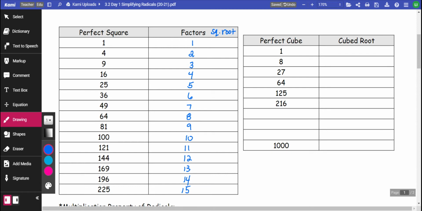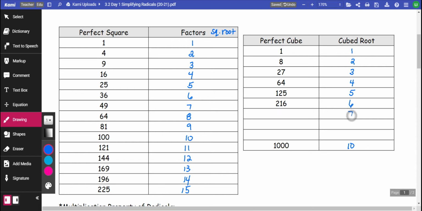Now for perfect cubes, if I were to cube root each of these perfect cubes, I'd have 1, 2, 3, 4, 5, 6, and then down here is 10. Those are our more popular cube roots that you will see. But you'll notice that we do have a gap there.